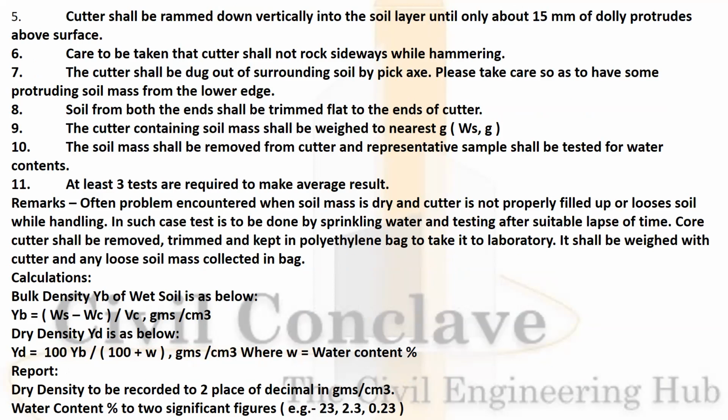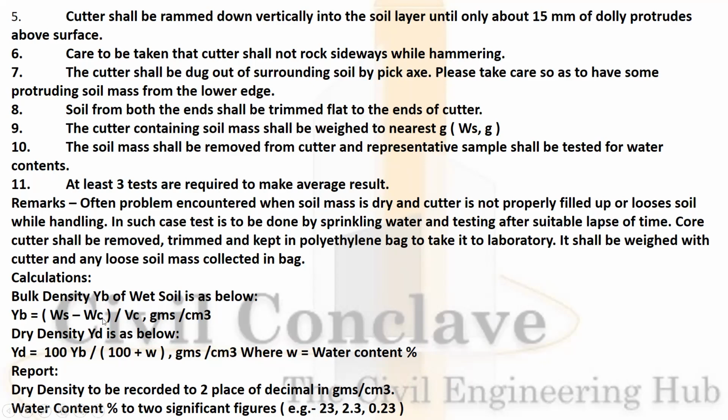The cutter shall be dug out after removing the surrounding soil. Soil from both ends is to be leveled. The cutter containing the soil mass shall be weighed. The soil mass has to be removed from the cutter and a representative sample tested for water content. At least 3 samples have to be taken.